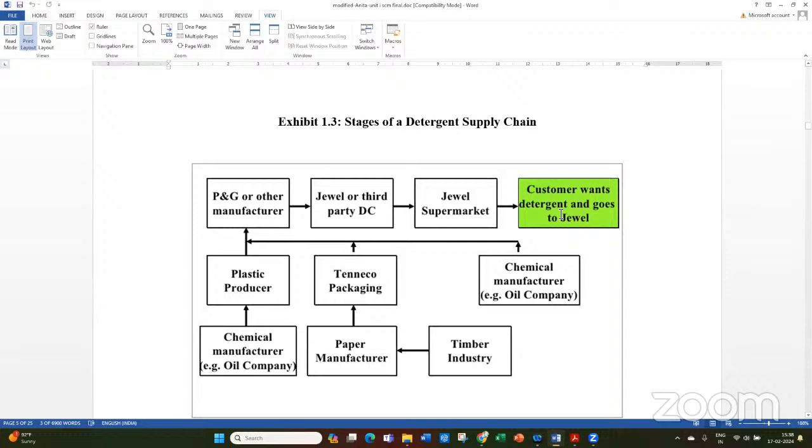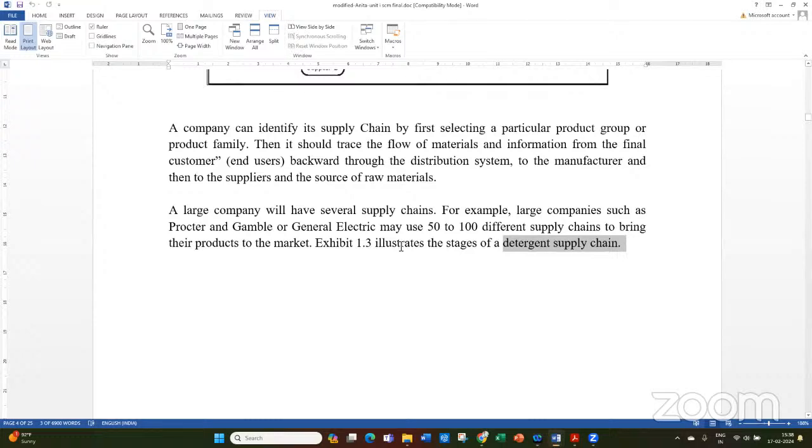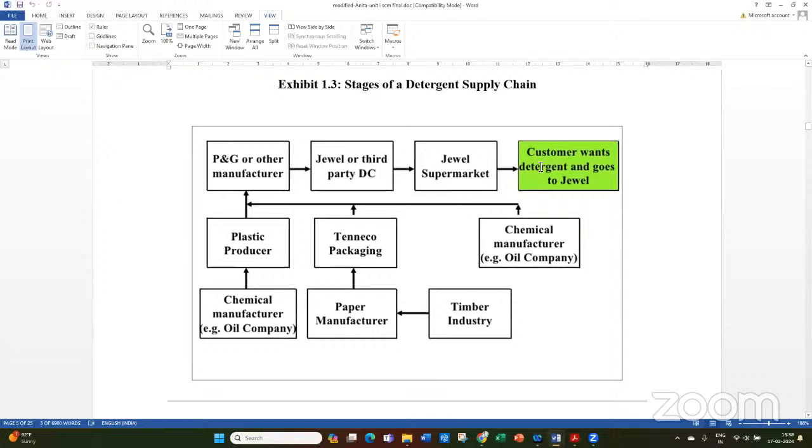And this is a retail outlet, like Procter and Gamble company. So the customer is giving the demand, but here this is the link. At the market distribution level, this is one supply chain.